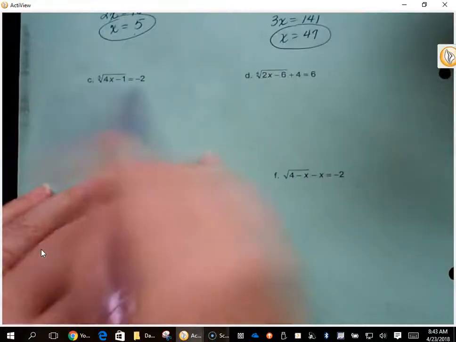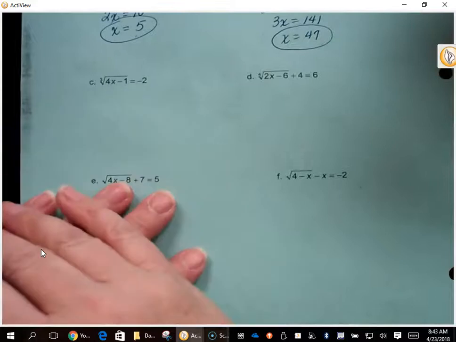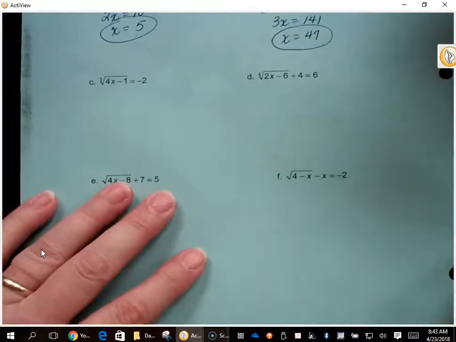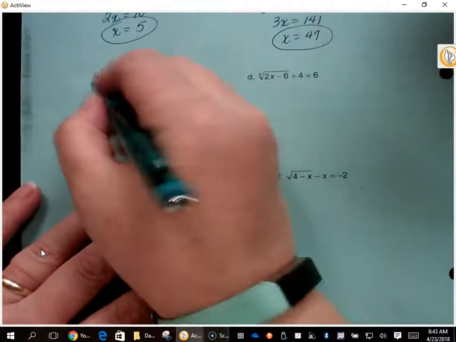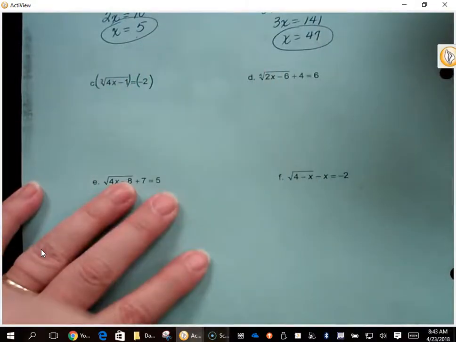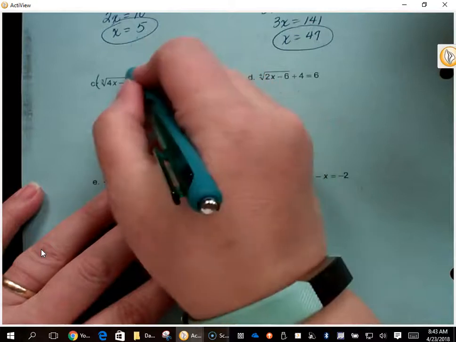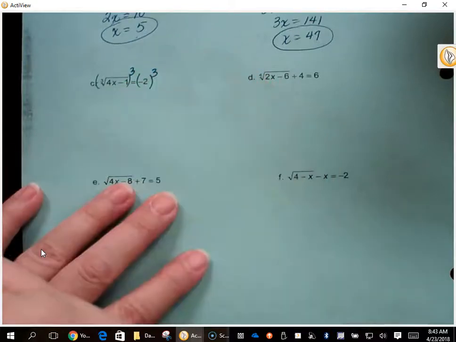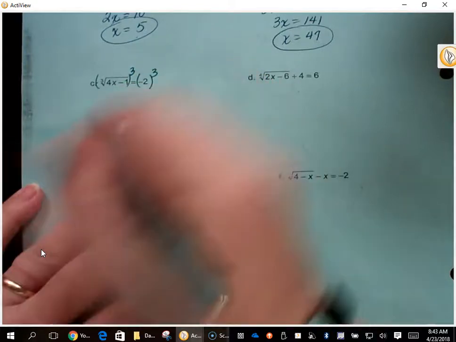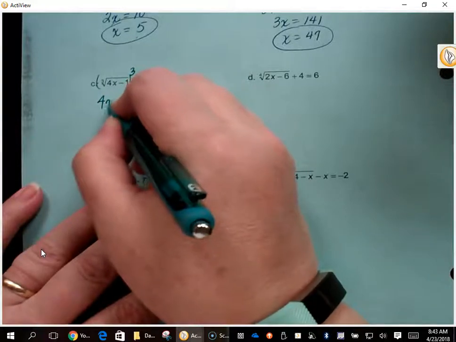So it's okay here. We already have it so that the radical's on one side, everything's on the other. So we're going to take it to the what power? Well, the root is 3, so we're going to cube this. When you cube what's in there, you get what's in there.